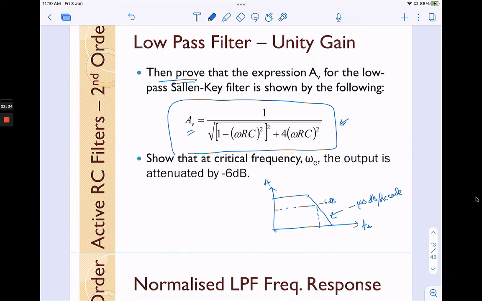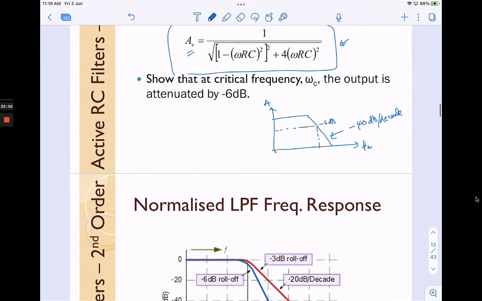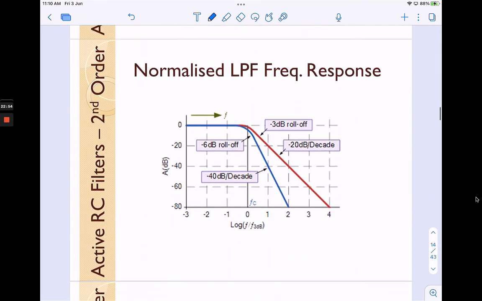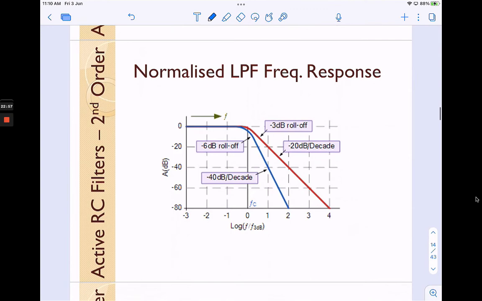Two capacitors means we have two poles. Two poles means we have -20 decibels multiplied by 2, so -40 decibels. Okay? The roll-off rate is -40 decibels per decade. So this is a normalized low pass frequency response. This is a first order, and this is a second order.